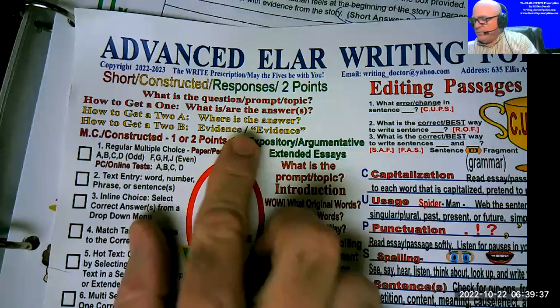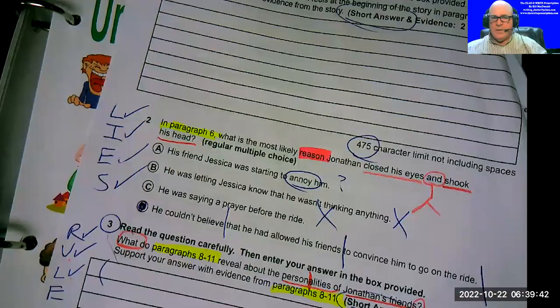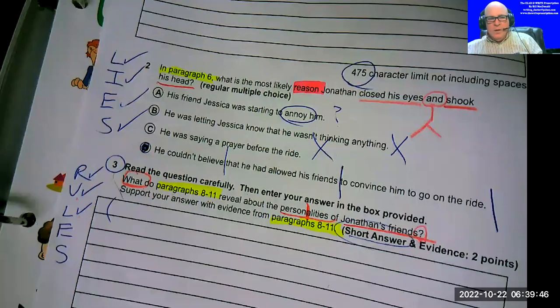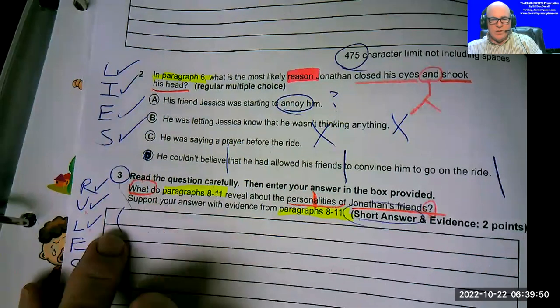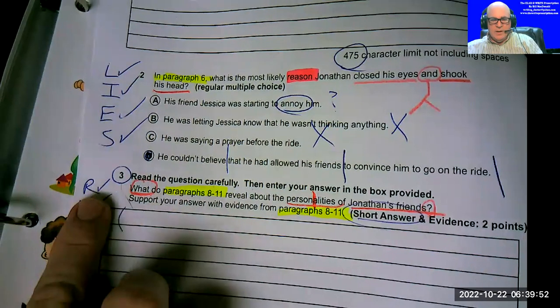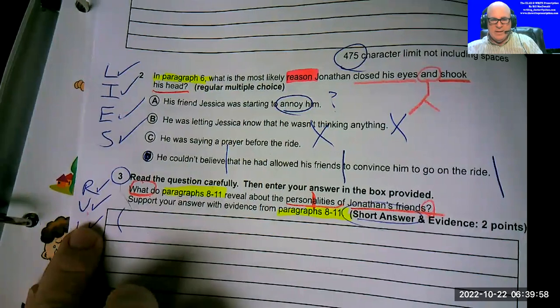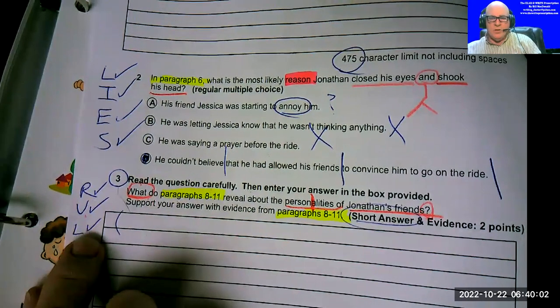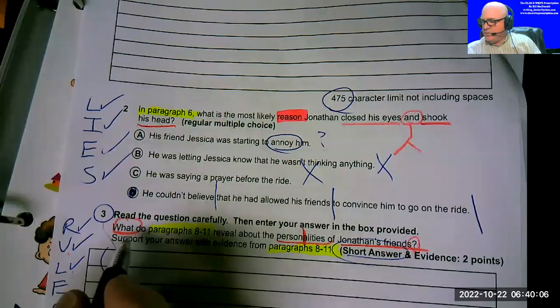So when we look at the question, first here on paper, the R is to read the question carefully and to show that you understand the question. You're going to label by highlighting certain things. And if you're doing it on paper, then you can do underlining and you can mark the test a certain way.